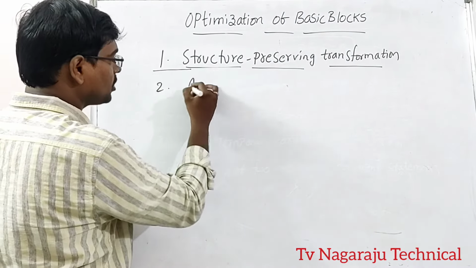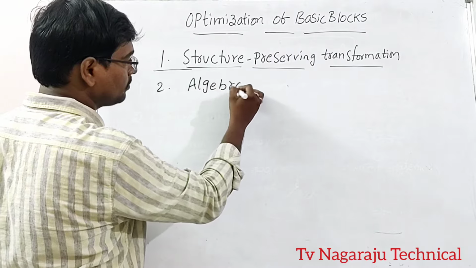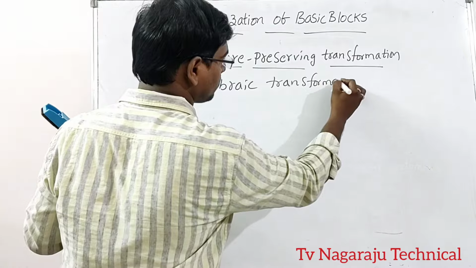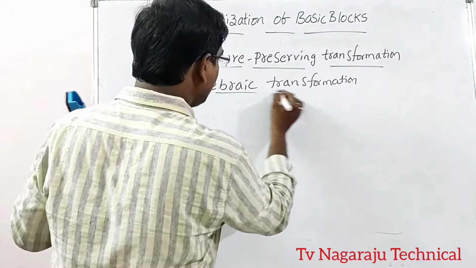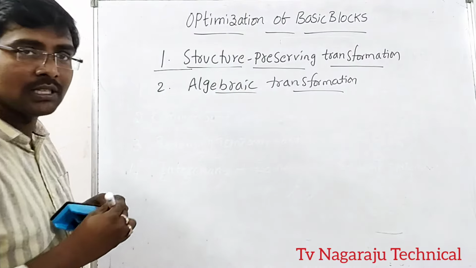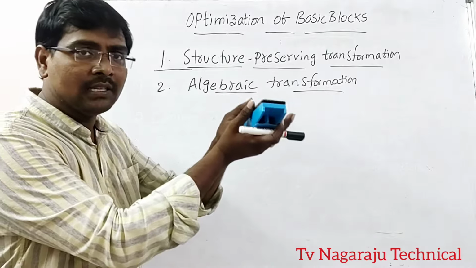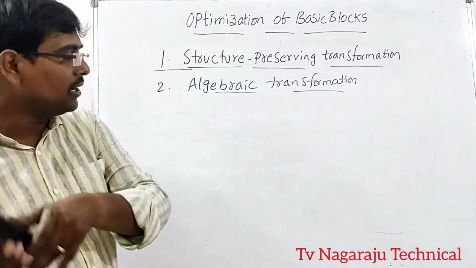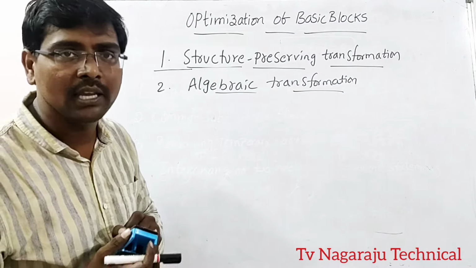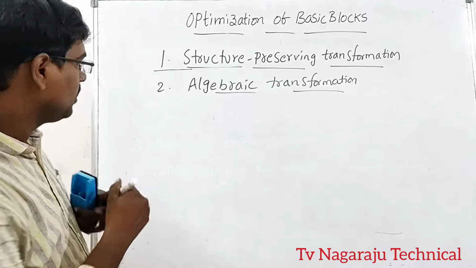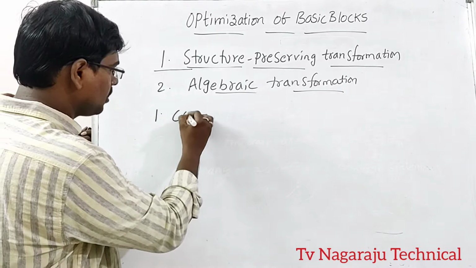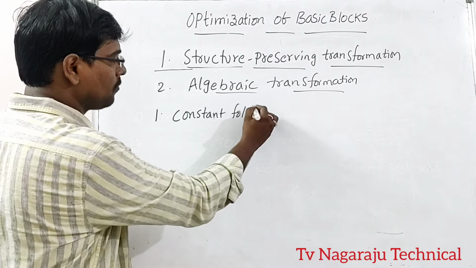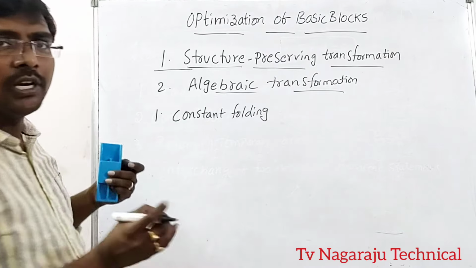algebraic transformation. Algebraic transformation in the sense, simply consider some set of code. The code is evaluated in terms of an algebraic equivalent. First thing is constant folding.